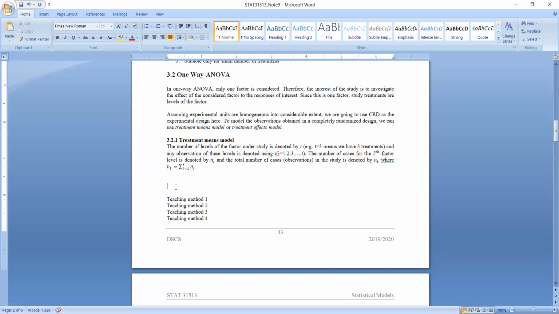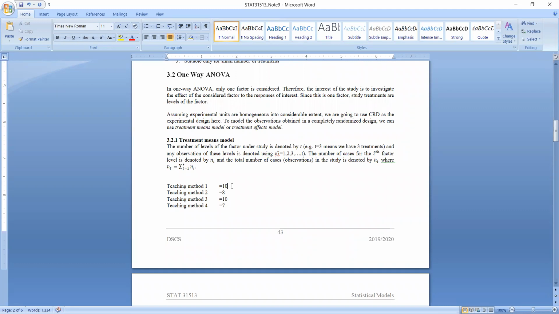So in the previous example, these are the 4 treatments. Here we take the teaching method as our factor when it comes to ANOVA, and under that factor you have these 4 levels. Let's say when you assign students, for the first teaching method you have assigned 10, and for the second teaching method you can assign 10 for each, or else you can have a different number of replicates. Let's say here 8, to this one you have assigned again 10, and here let's say you have assigned 7.